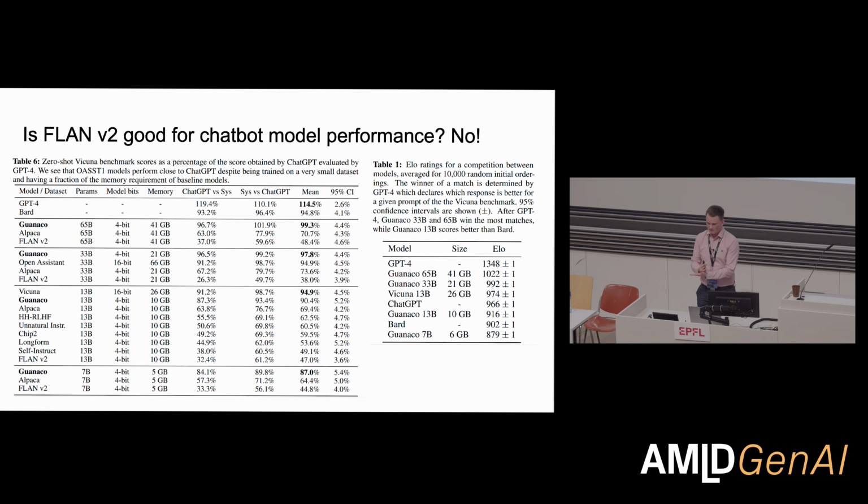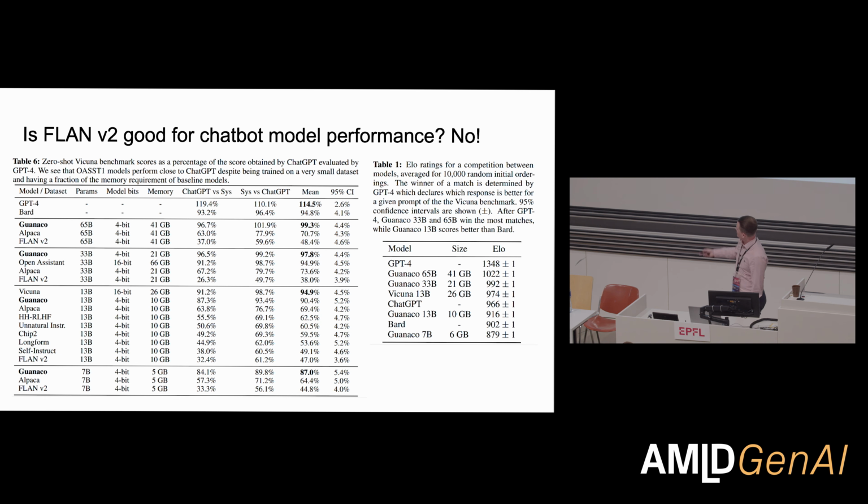So you need to be very careful about what you want to get, how you evaluate it, and what is in your data set. The other thing is the Guanaco data set has only 10,000 samples. FLAN version 2 has over 1 million samples. So data set size is not that important for fine-tuning. It's really the quality that matters. And that's an important takeaway.